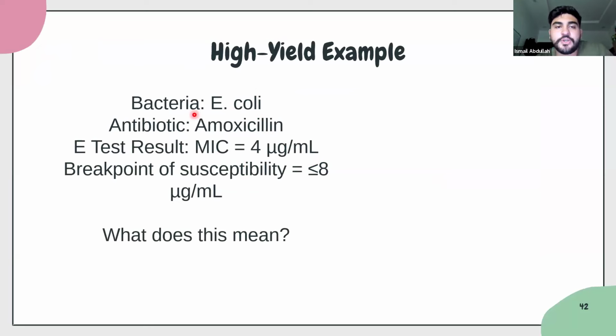So we have a specific bacteria called E. coli. Hello? And we use an antibiotic called amoxicillin. And as the E-test results, it told us that the MIC is 4 micrograms per milliliter. The breakpoint of susceptibility is less than or equal to 8. So what does it mean when I say breakpoint of susceptibility?